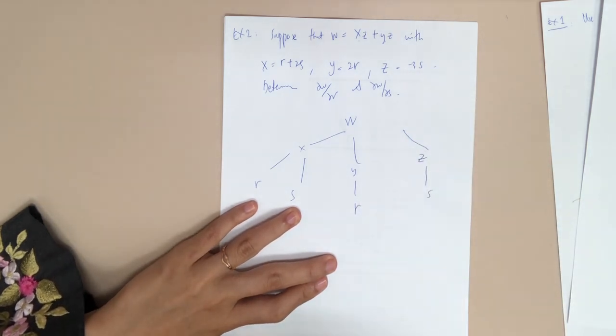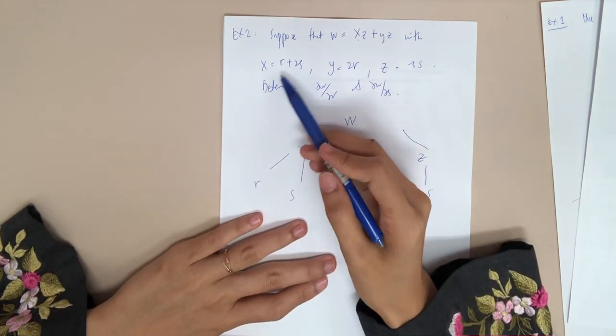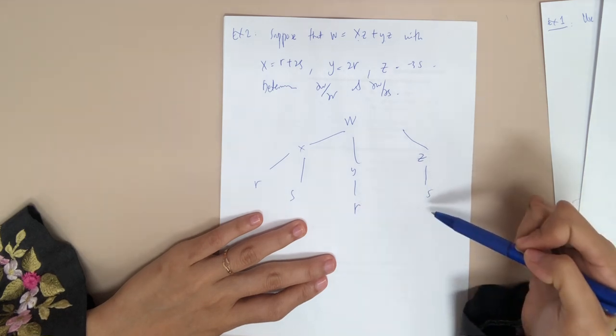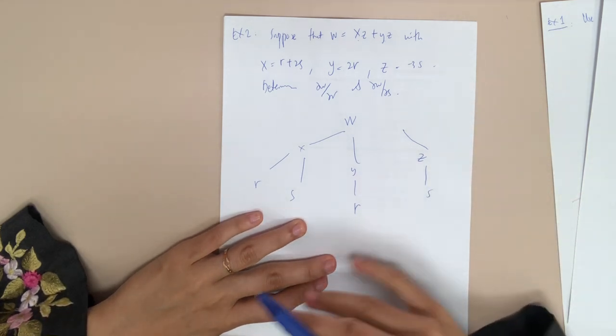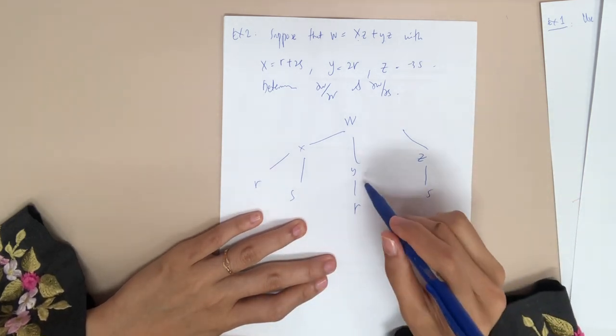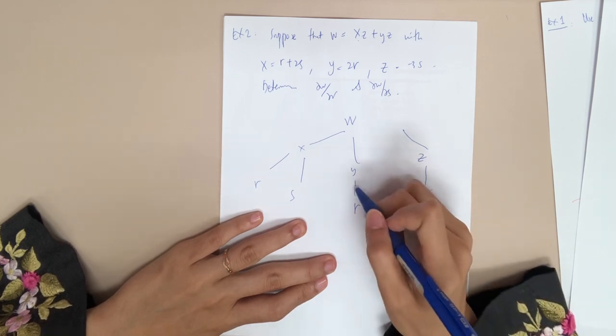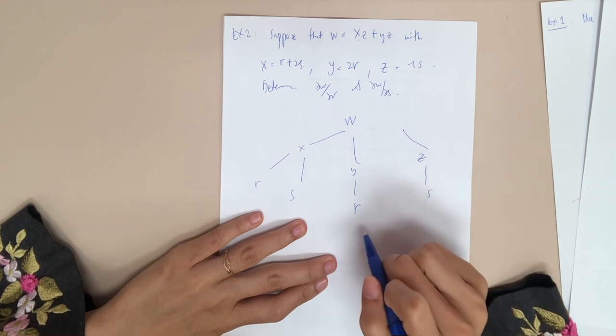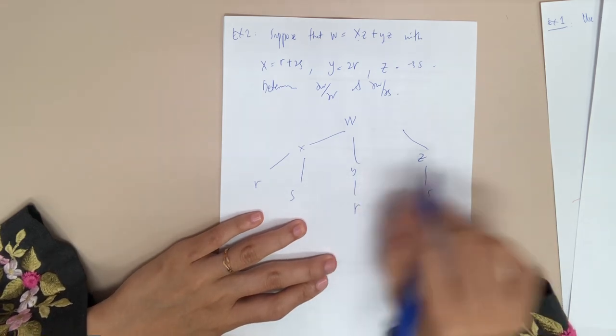Okay, it's simple. It means not both need to be there. For x you have r and s, but y you just have r and z only has s. So just follow the equation. If it is r, don't make another branch which is s. Just follow the equation given, okay?